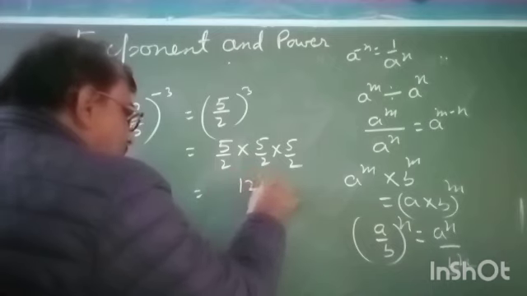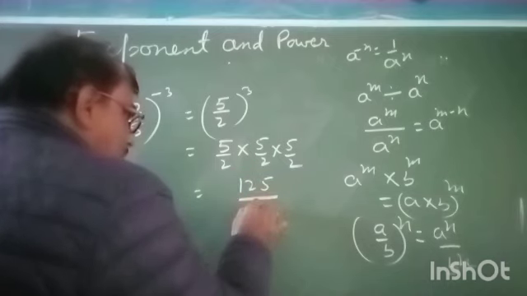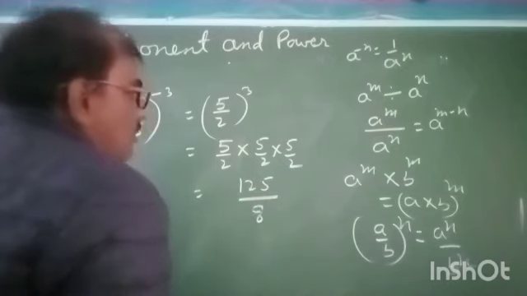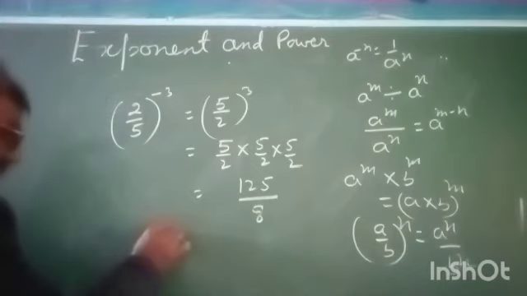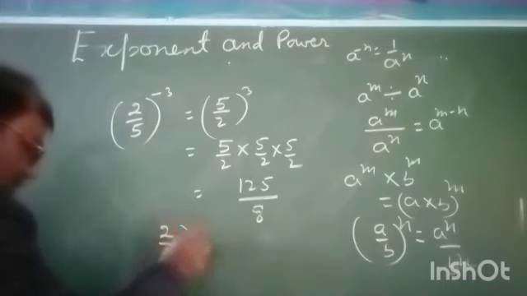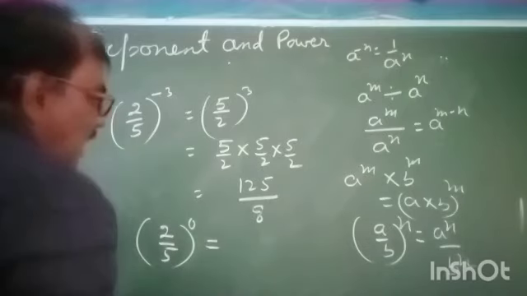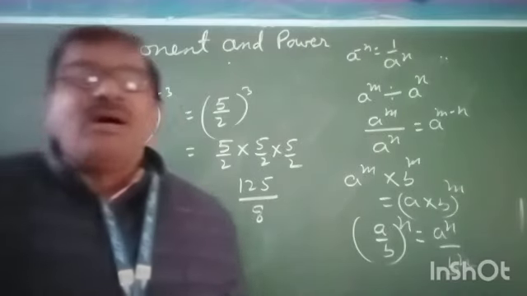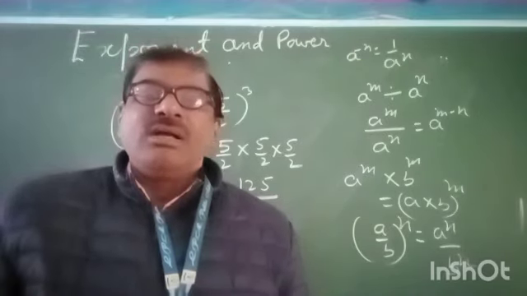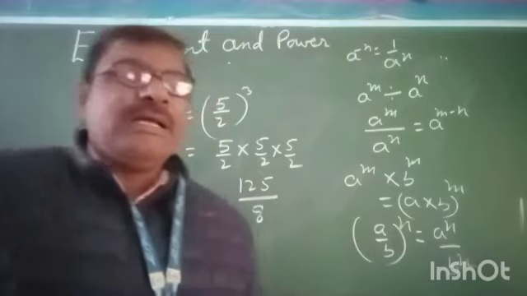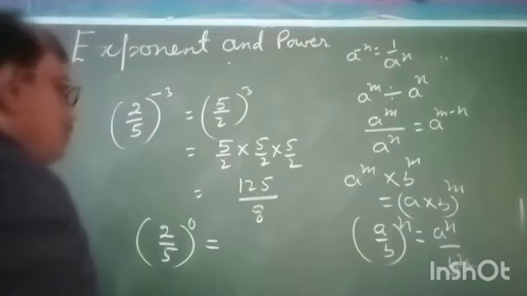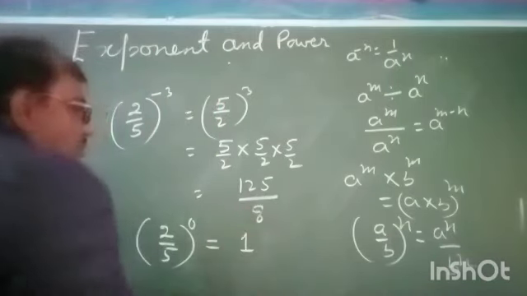So it will be equal to 125/8. Now, the power of (2/5) equal to 0: I will explain that the power 0 of any rational number is 1, so it will be equal to 1.